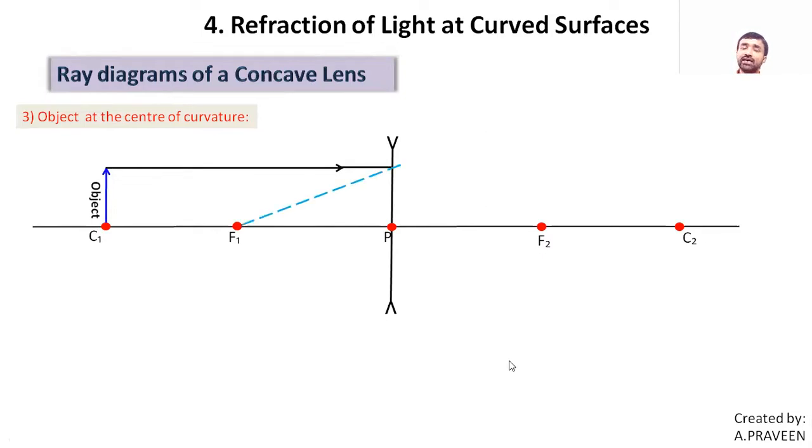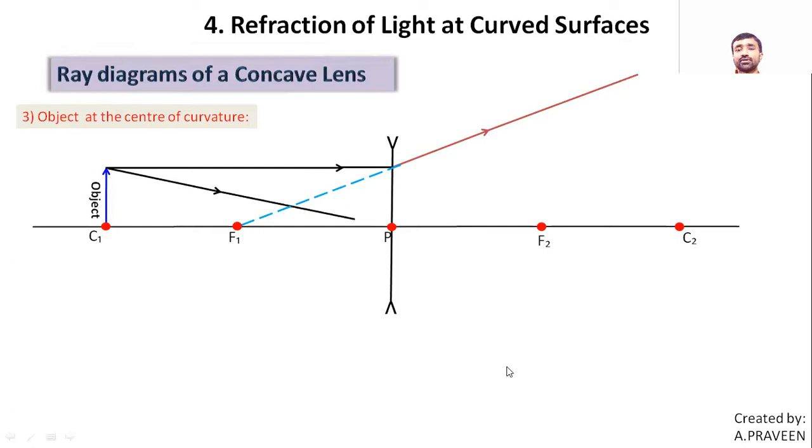Then extend the light ray after refraction in the same direction. Then the second ray remains undeviated. Next, draw a perpendicular onto the principal axis from the point where you obtained it by the diverging light rays, right? So here it is. Then what are the characteristics?